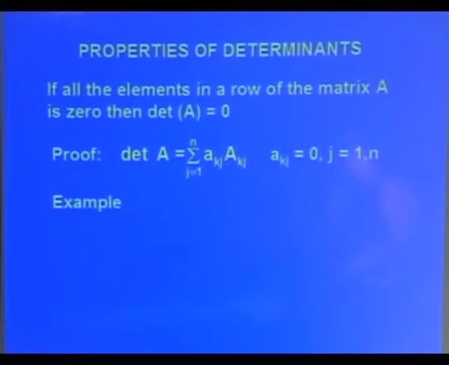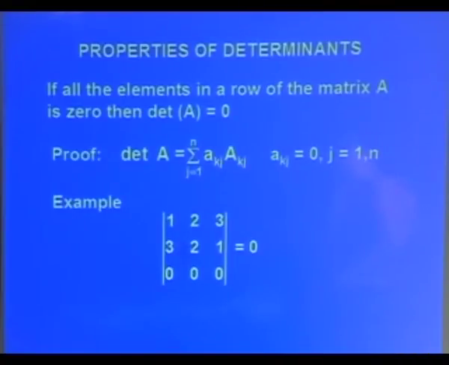Now, if all the elements in a row of the matrix A are 0, then you can use that particular row for expanding the determinant. So, let us say k is the row in which all elements are 0, then we can use this definition. Since akj is 0 for all values of j from 1 to n, everything will be 0.